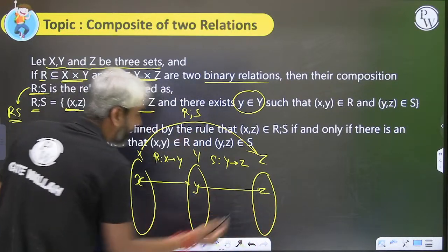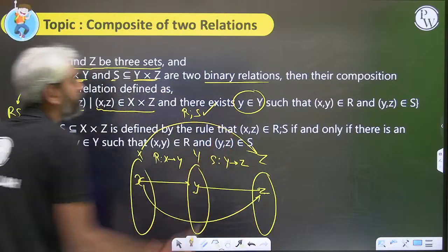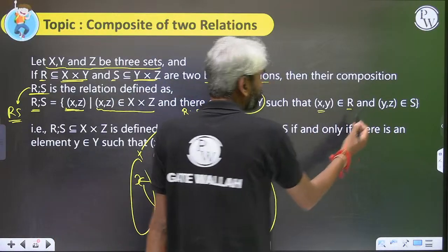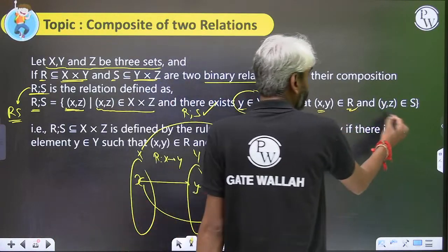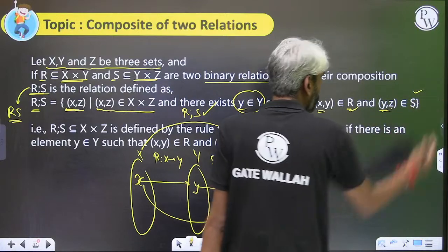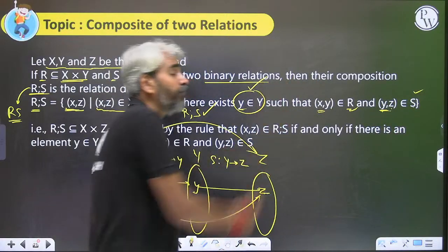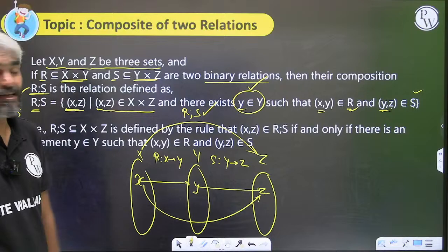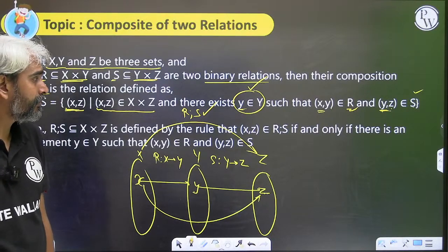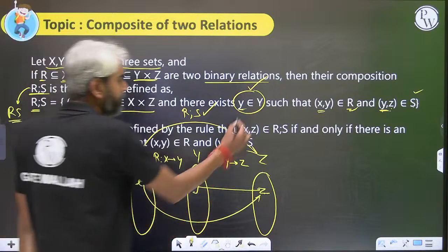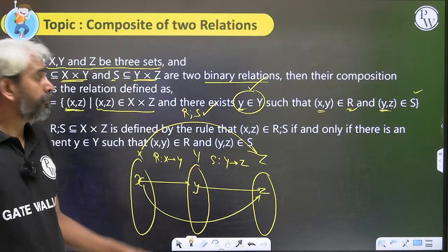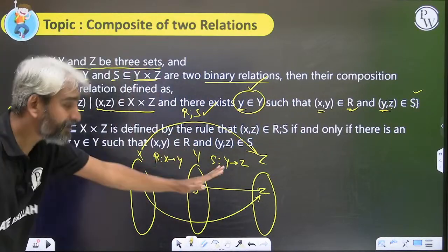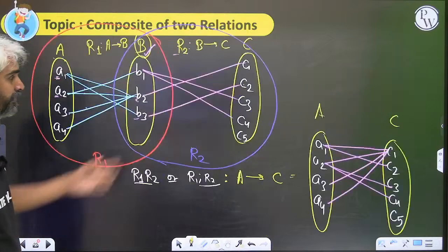So if x relates with y and y relates with z, then x will relate with z in this composite relation R composite S. So if there exists an element y such that (x, y) belongs to R, that is x relates to y with respect to relation R, and (y, z) belongs to S, that is y relates to z with respect to relation S. If there is any such common element y which is working as a bridge for the elements x and z of sets X and Z, then (x, z) will belong to R composite S. Exact same definition that I explained on the previous slide.